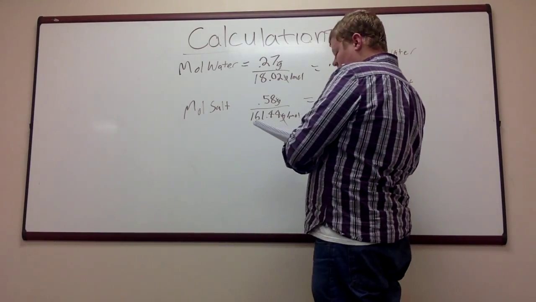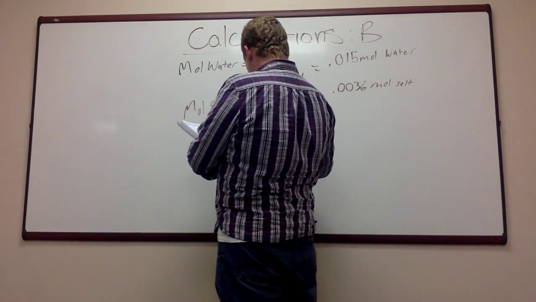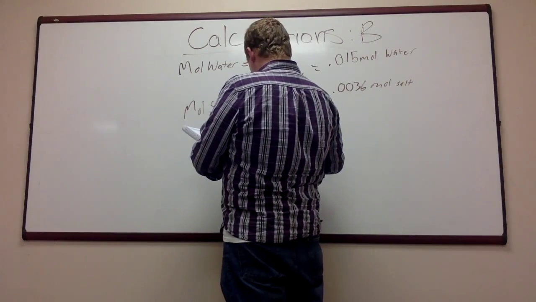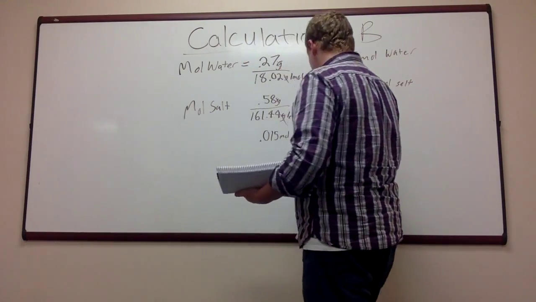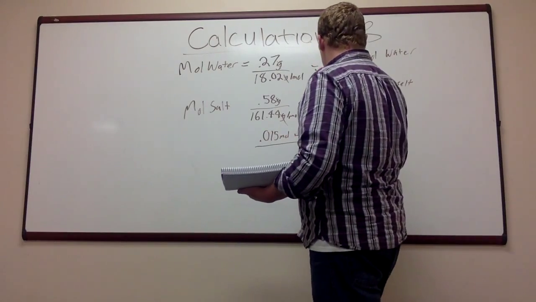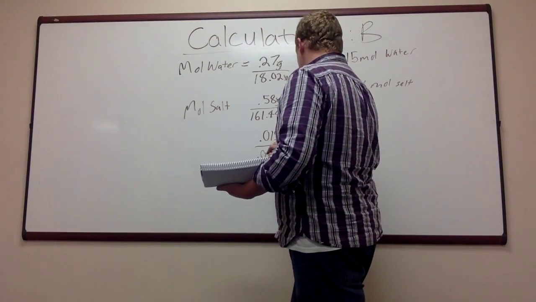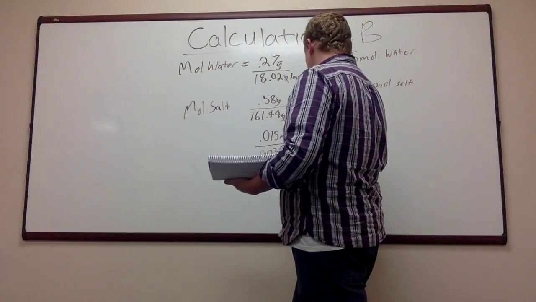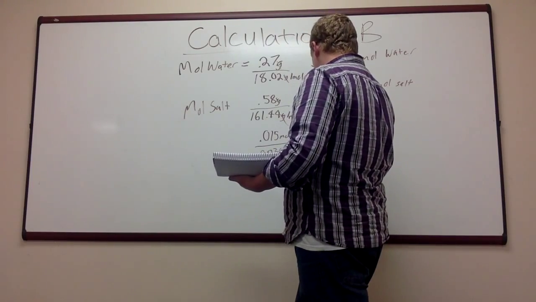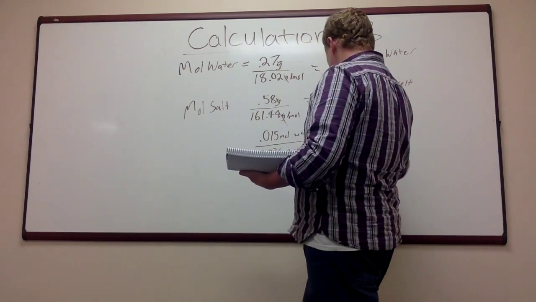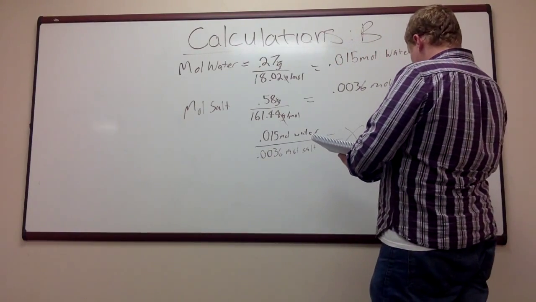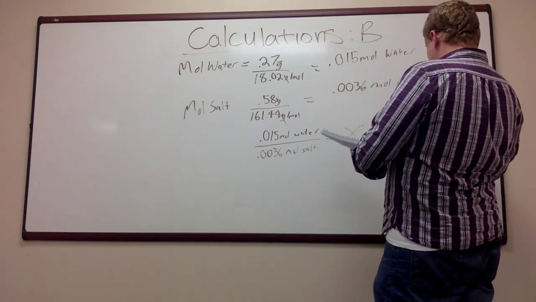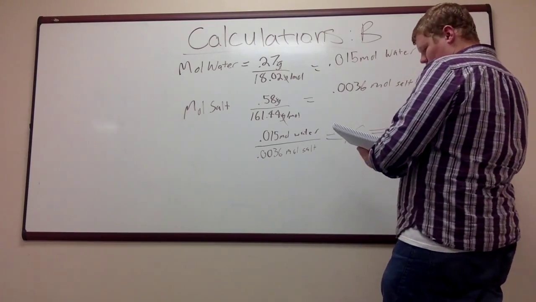You then divide your 0.015 moles of water by your 0.0036 moles of salt, and that gives you a number X, which equals 4.17, so approximately 4.